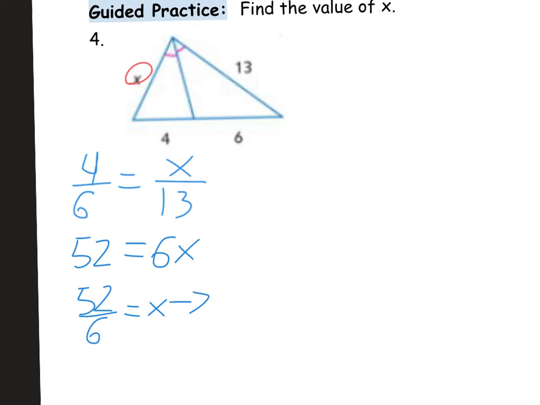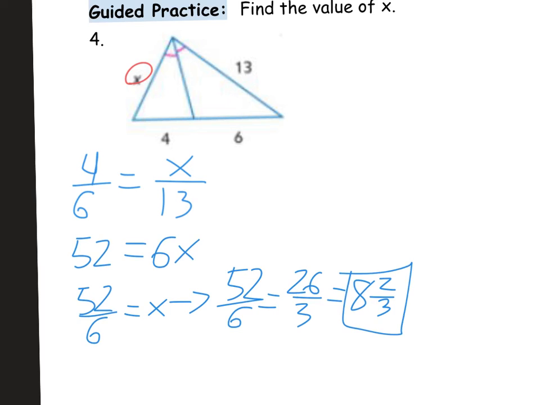So we can simplify that as 52 over 6 is the same as 26 over 3, which is the same as 8 and 2/3. When possible, stick to fractions, as decimals are oftentimes rounded.